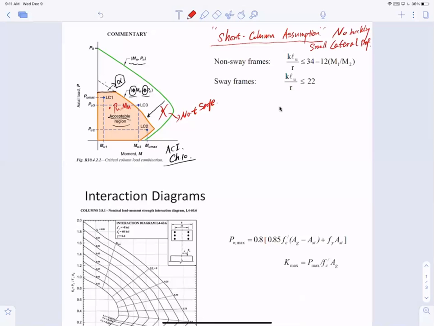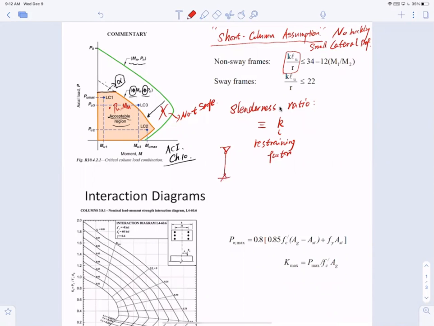We have to check the so-called slenderness ratio. Slenderness ratio is defined by K, which is the restraining factor. This restraining factor depends on the boundary condition of the column.